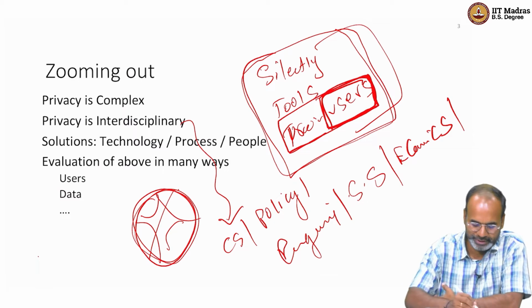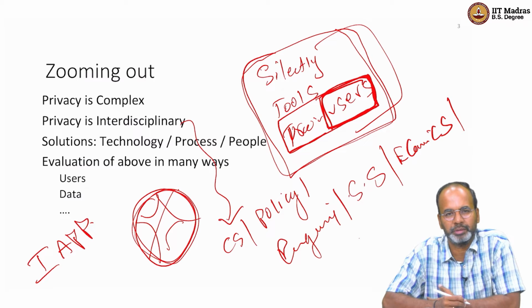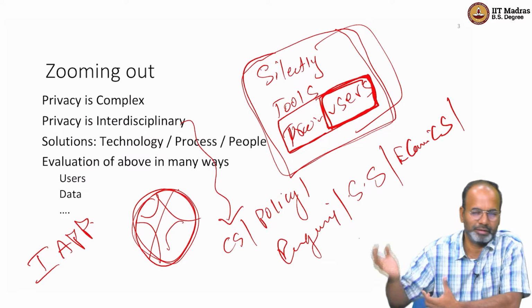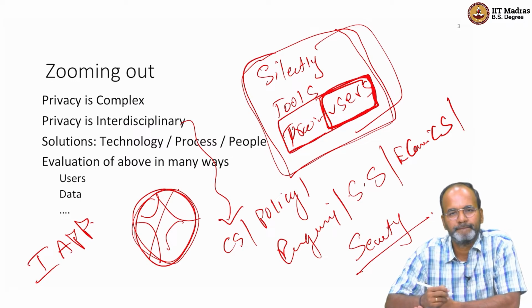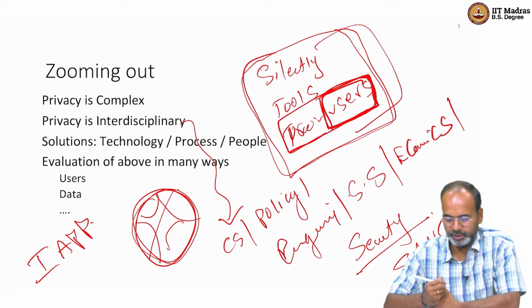For example, an organization called the International Association for Privacy Professionals, IAPP, provides certification for the topic of privacy. There are other certifications for security also. SANS is one of the organizations that does security certification.